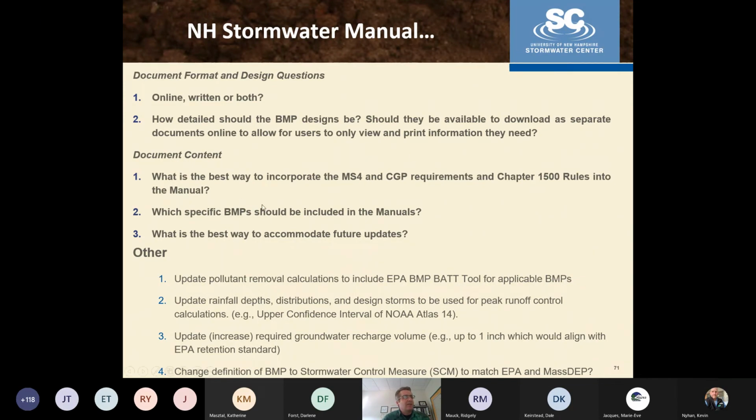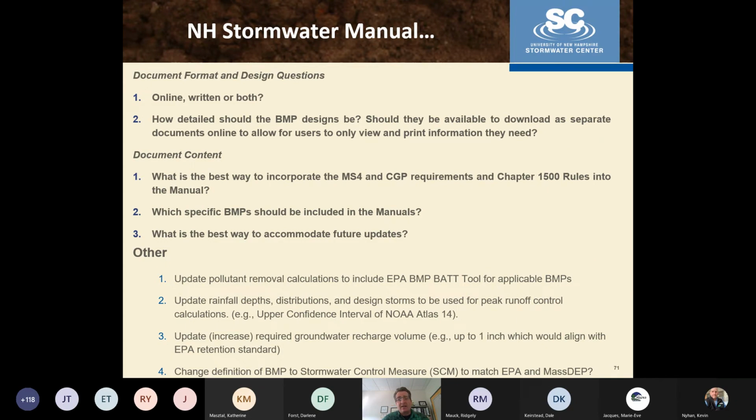That's really what this content piece is about. So we want to reconcile the incongruencies between the MS4 permit, the construction general permit, and the Chapter 1500 rules with the updated manual. Easy, right? No problems there. So we're going to have our work cut out for us.